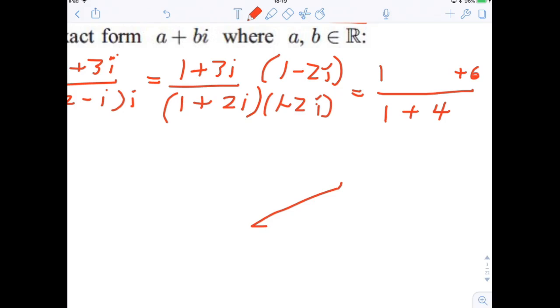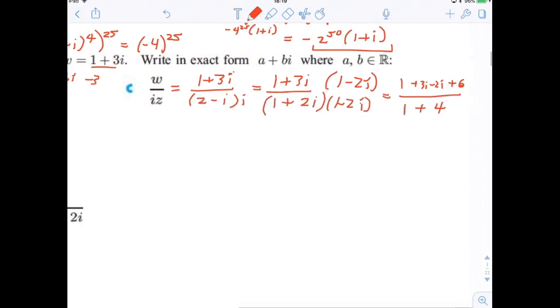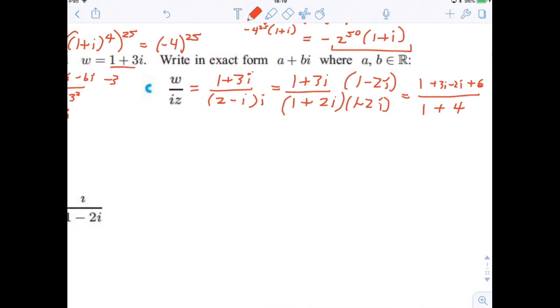And 3i minus 2i. So the result is 7 plus i, divided by 5. And that is equal to 7/5 plus i/5.